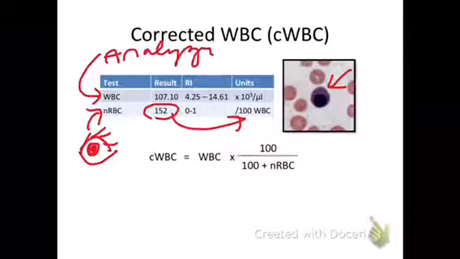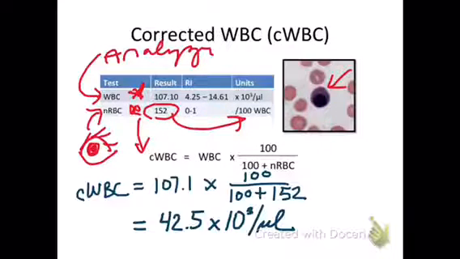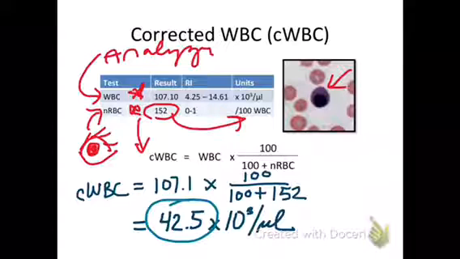So what you then do is just plug these two numbers into this formula and it gives you the actual white blood cell count, excluding the nucleated red cells. So with this formula, we can see that there aren't really 152,000 white blood cells, 107,000 white blood cells. There's actually only 42,000 white blood cells.